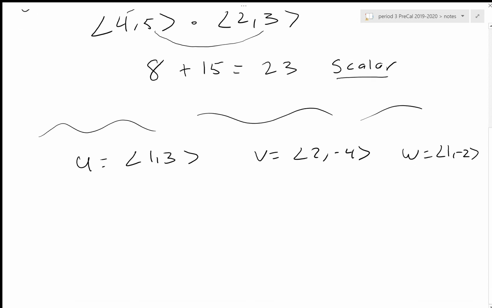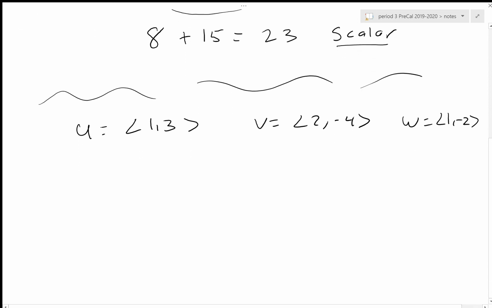Alright, so I'm going to do 3 examples here. Number 1. We're going to find the product of u times v and then times w.